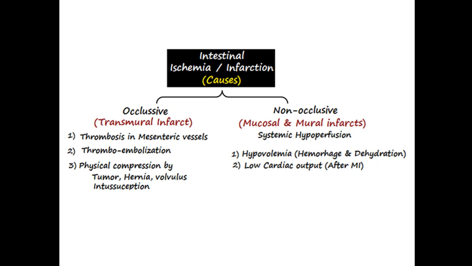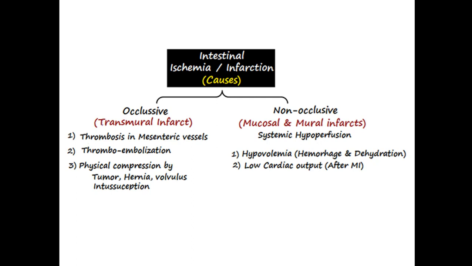So we know that the transmural infarction, which involves the whole thickness of the intestine, is mostly caused by occlusive types of causes that cause intestinal ischemia and infarction. And the major ones are the thrombosis in the mesenteric vessels, particularly the superior and inferior mesenteric arteries, and thromboembolization, in which a thrombus, for example, from cardiac vegetations is detached and embolized and blocks the intestinal vessels.